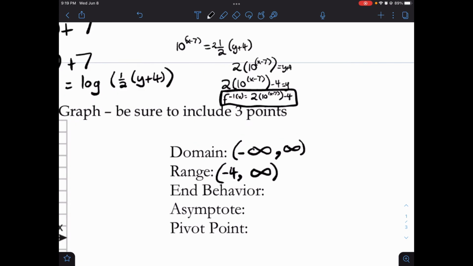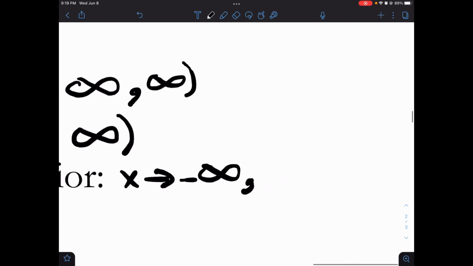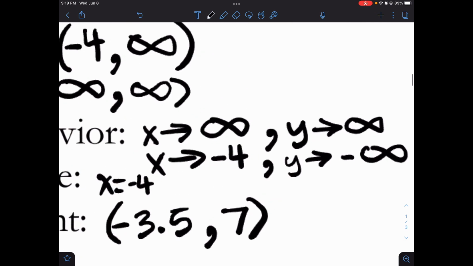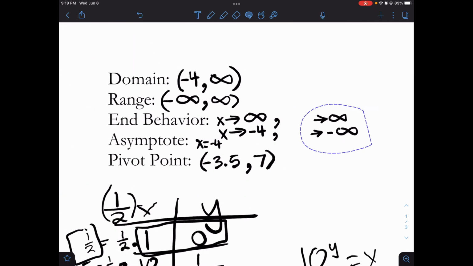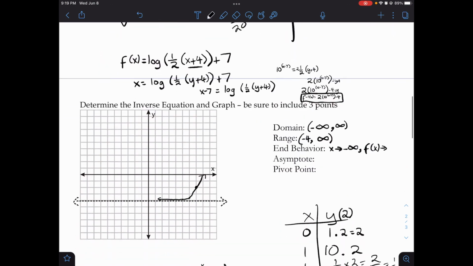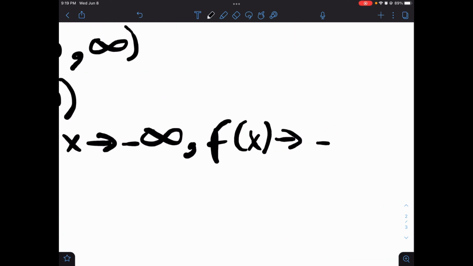Now the end behavior: as x reaches -infinity, f of x. Let me go and change that on the top as well. Y might be incorrect, but let me do f of x. So f of x, or y, will essentially be reaching -4.